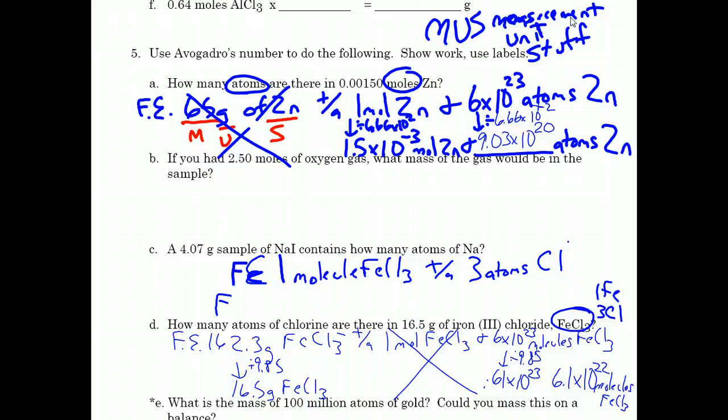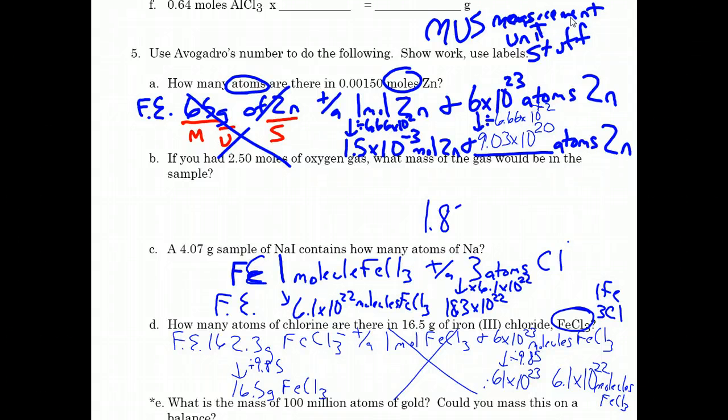So I don't have 1 molecule. I have 6.1 times 10 to the 22nd molecules FeCl3. And so to get from this to this, I multiplied by 6.1 times 10 to the 22nd. And so 3 times 6.1 would be 18.3 times 10 to the 22nd, which if I round that out, I'm going to go out 22 and come back 23, 1.83 times 10 to the 23rd atoms of chlorine.